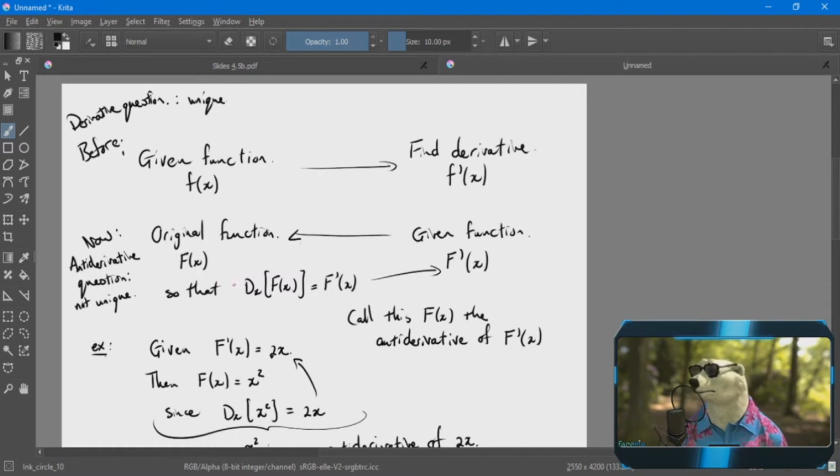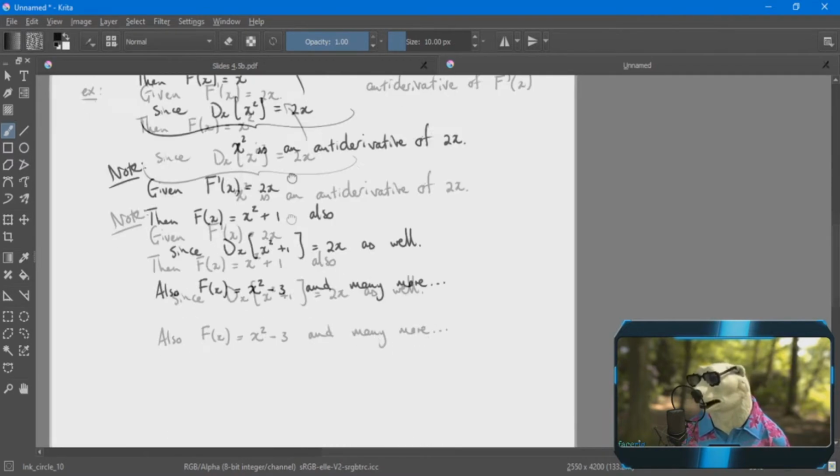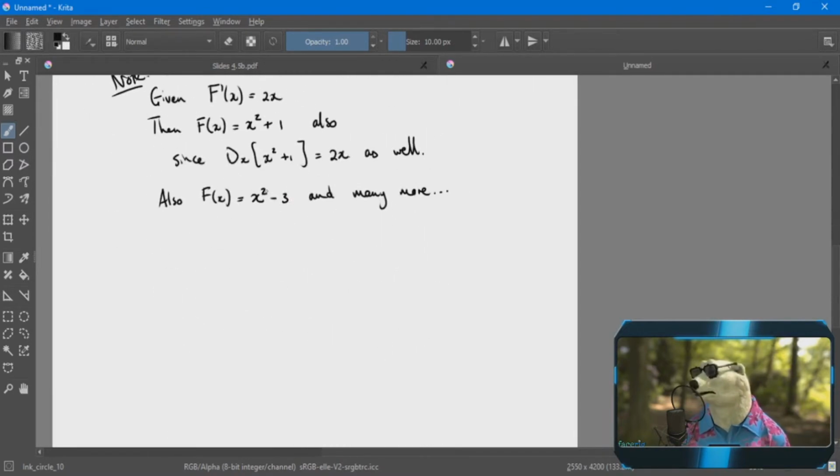Now, it sounds like bad news, but these functions aren't actually different. On some fundamental level, they all have to have an x squared in them. I can add or subtract a constant, but I can't do much more with this term that I add.